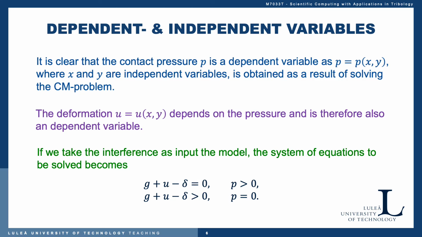Now, the deformation U depends on pressure and is therefore also a dependent variable. And if we take the interference as an input to the model, then the system of equations to be solved becomes precisely the complementarity problem that we see here below. We have the deformation minus the gap between the undeformed surfaces, plus the rigid body movement or interference delta, equals 0 whenever P is positive, and vice versa.